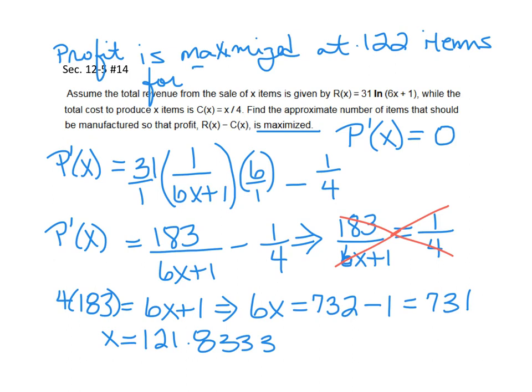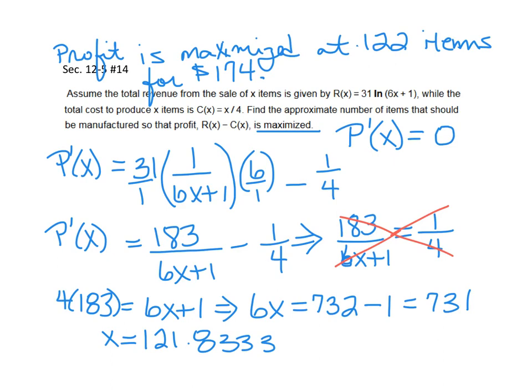Maximum profit is, assuming that this is in dollars, $174.01. And since this is going to be an approximation, we'll just leave it at that.